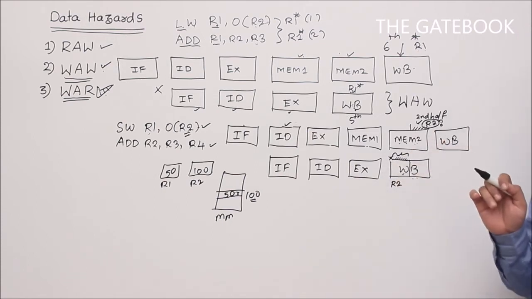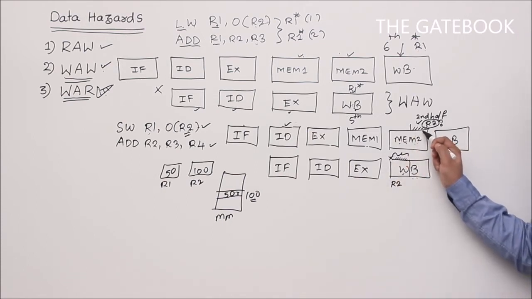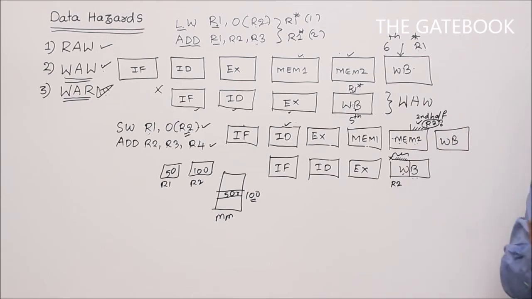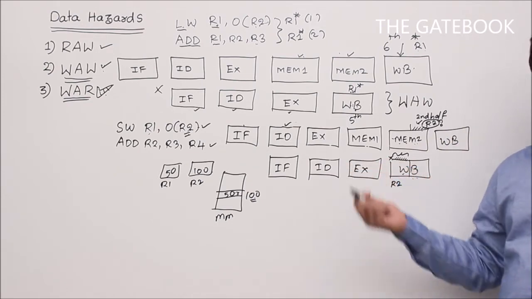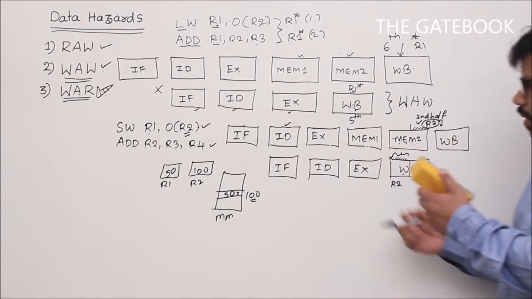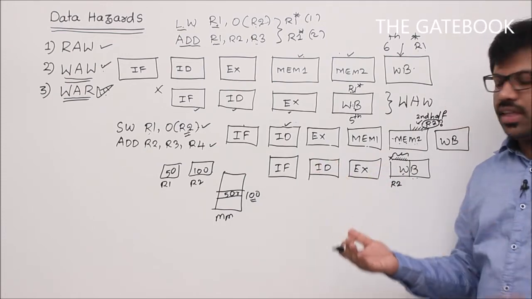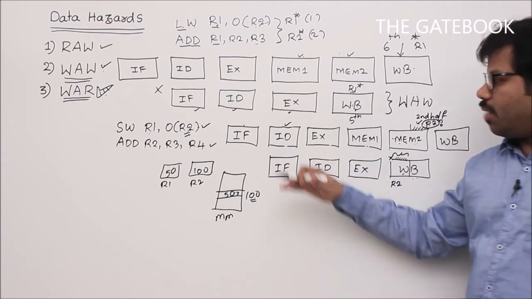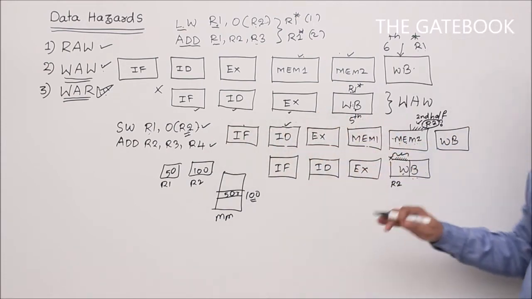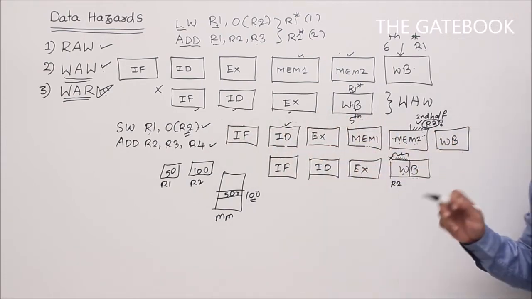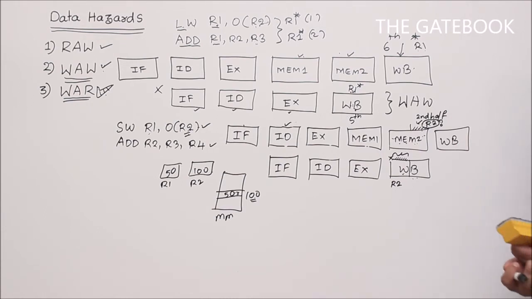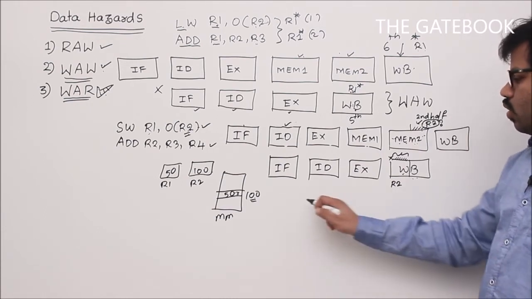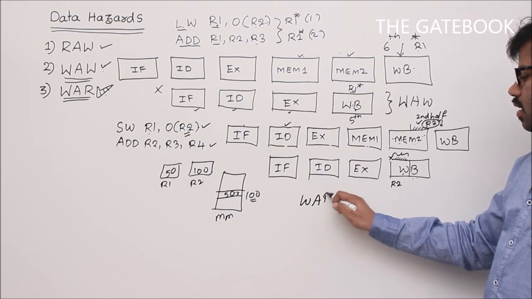But now it's a problem if you read here in the memory stage. Of course, that's a weird thing they are doing, but maybe because of the adjustment of clock cycles, maybe instruction decode is taking a lot of time. To save time and make all the stages equal, maybe in the memory stage too they are reading the registers, whatever the reason. So in that case you get a write after read hazard, correct?